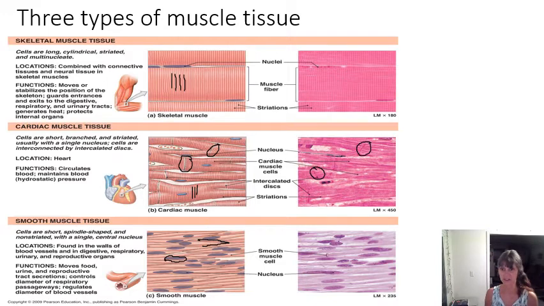And the functions of smooth muscle are going to be to move food, urine, reproductive secretions, as well as helping to control the diameter of respiratory passageways, as well as the diameter of our blood vessels.